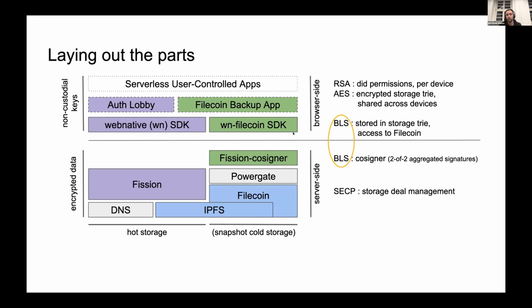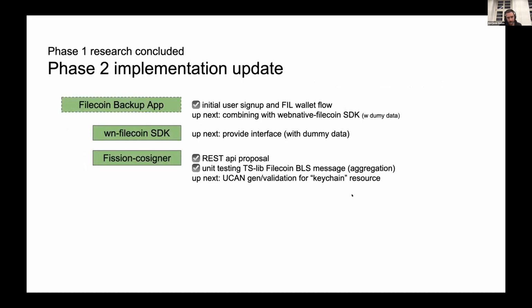This allows us to have the user hold one part of the key and have a cosigner service on the Fission stack be the second key, so that we can secure the browser where it signs. The reason we can secure it is because we have Fission. Fission has a permissioning system with RSA keys that are non-exportable from your device. And so we use that to ask this second BLS key to sign any transactions. Otherwise the security wouldn't be complete. Anyway, I won't go into much detail. Again, if there are questions, we can go into that.